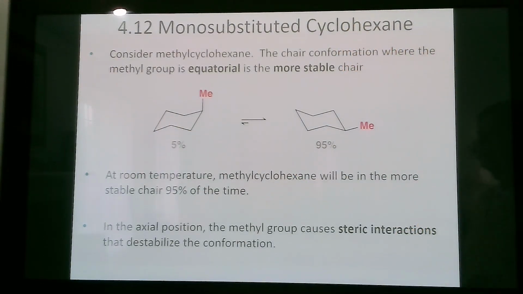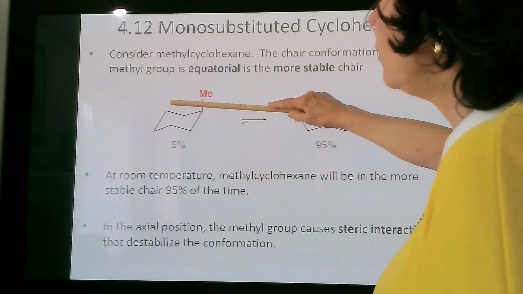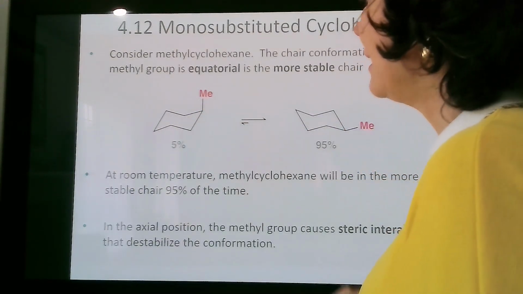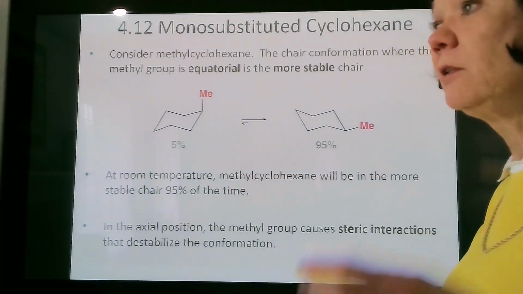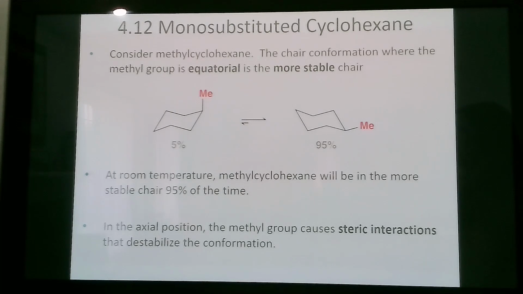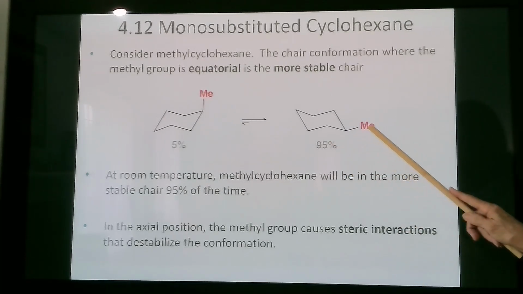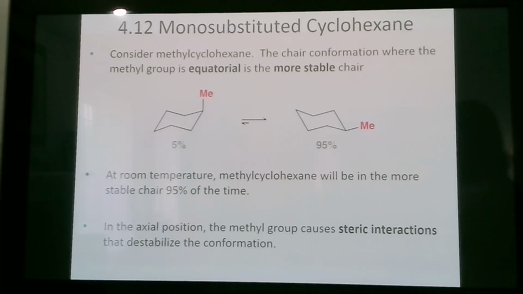And so those diaxial interactions, this methyl with the CH bond and the CH bond, increase the energy of the molecule. It's simple steric hindrance. And so the conformation where the methyl is in the equatorial position will be more stable.